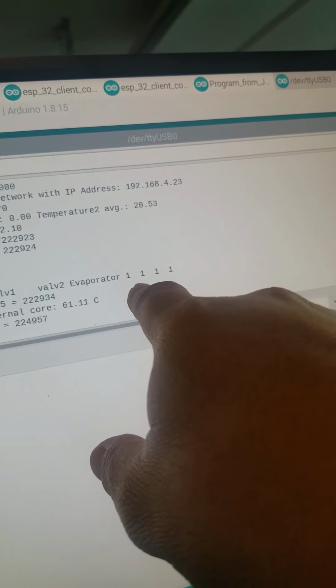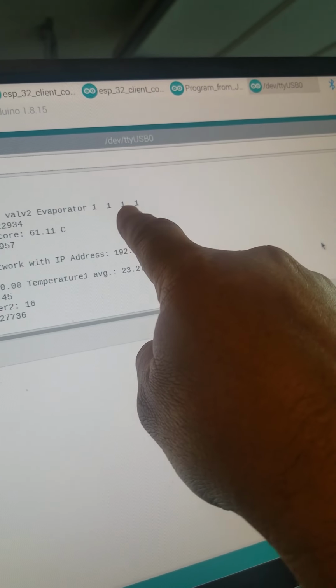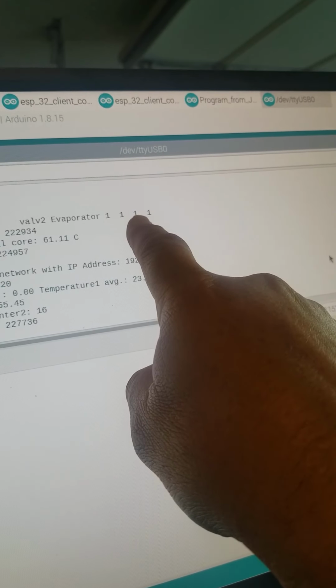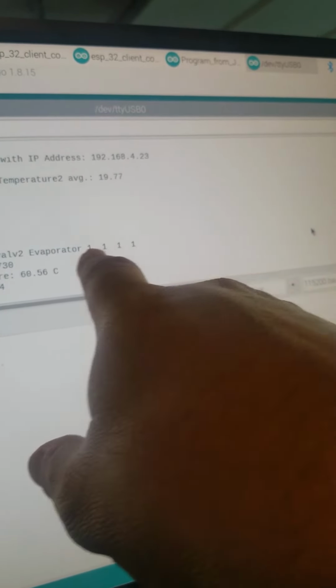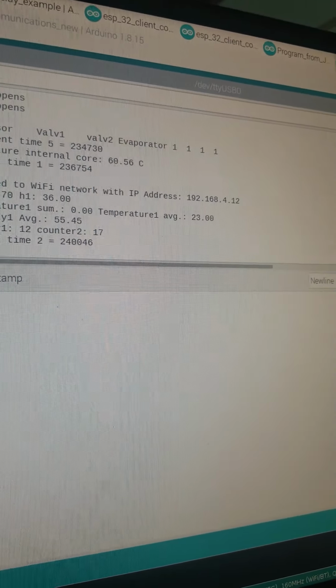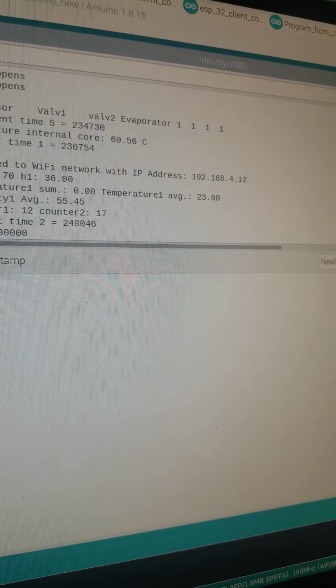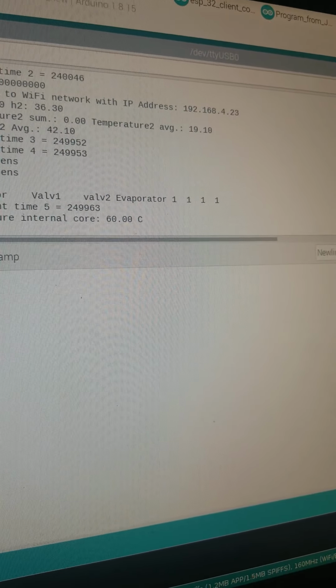The valve for mini container 1 is 1, which means it's open, and the valve for mini container 2 is 1, which means it's open. And finally the last number is the evaporator, so that's also working, so it's going to be 1.